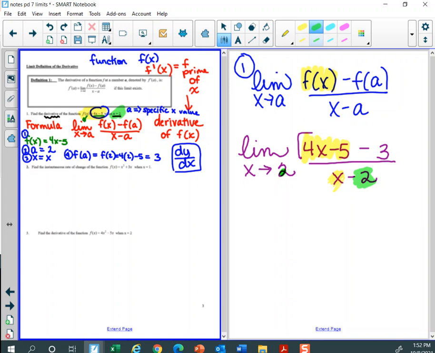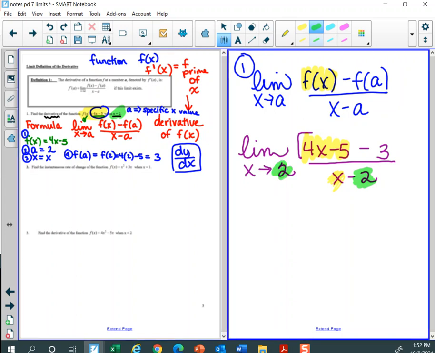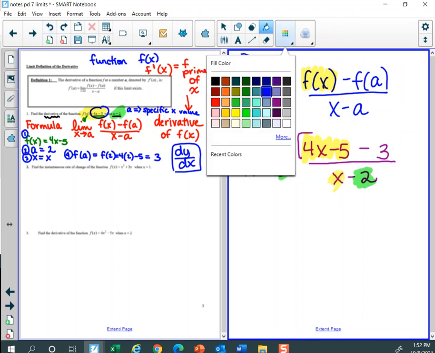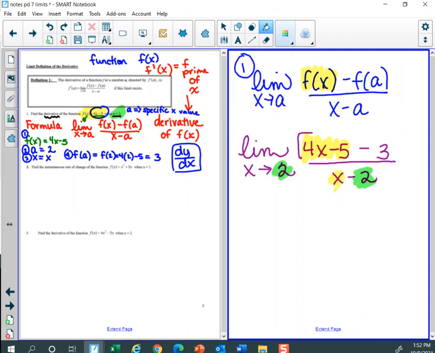So that's why that's there and that's there. And then this guy, he has to be calculated. Oh, my blue, there we go. He has to be calculated.